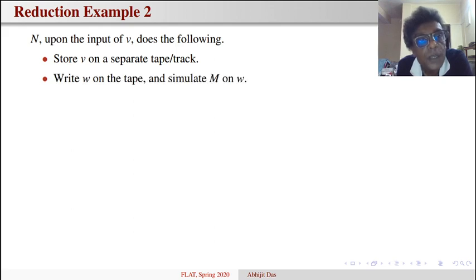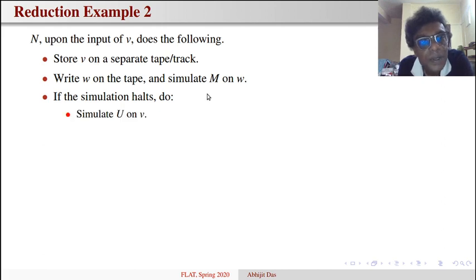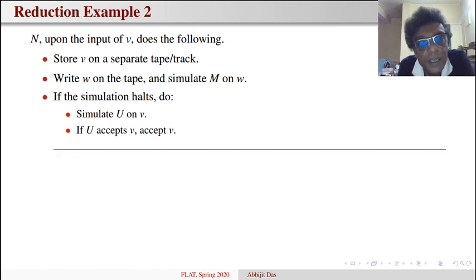Then it copies w to its tape, and machine N simulates M on w. If the simulation halts, then the machine looks at v and simulates that other Turing machine U, maybe the universal Turing machine, on v. And if that simulation accepts v, then N accepts.